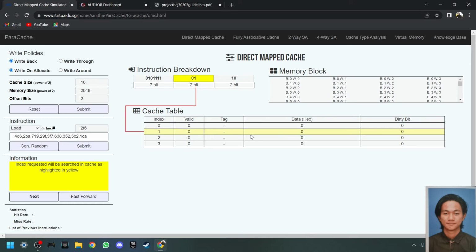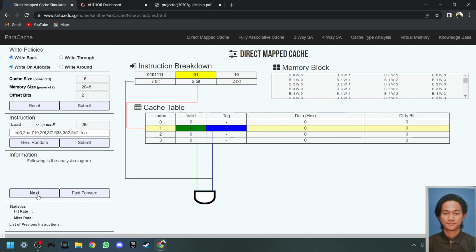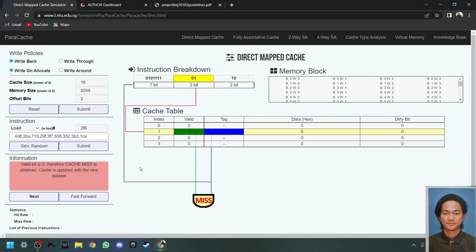We will search here, then if the valid bit is set it will be obtained and analyzed. This is the diagram. If the valid bit is 0, it means there is nothing there. 2F6, so there is no 2F6, and the valid bit is 0, therefore it's a cache miss.